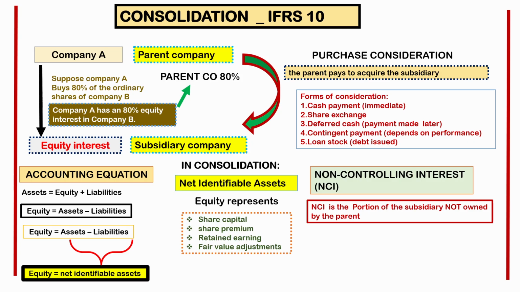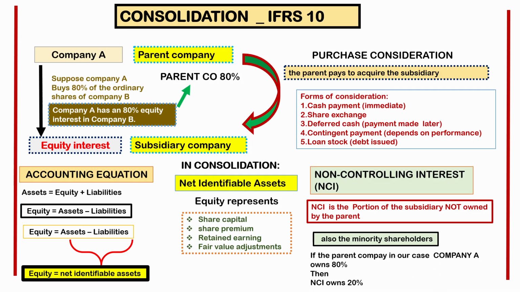Therefore, these are minority interest. In our case here, where the parent acquires 80%, it means that 20% of the subsidiary has not been acquired by the parent, and this belongs to the minority shareholders, who are usually referred to as the non-controlling interest.